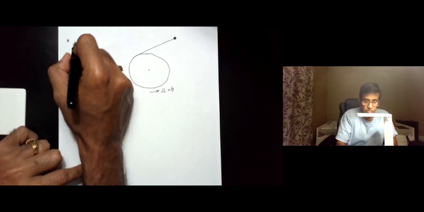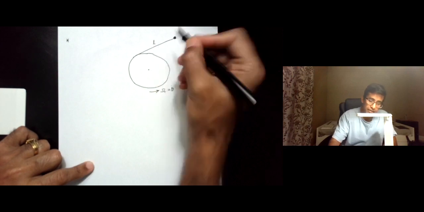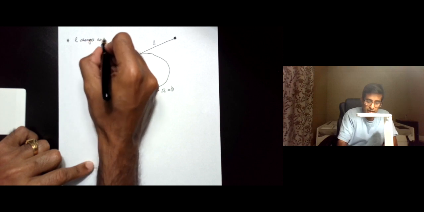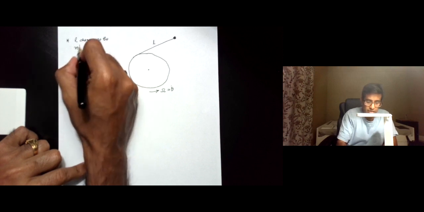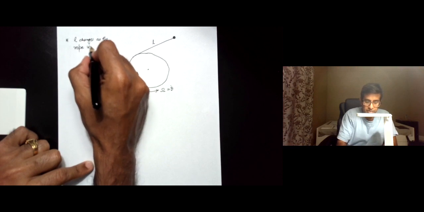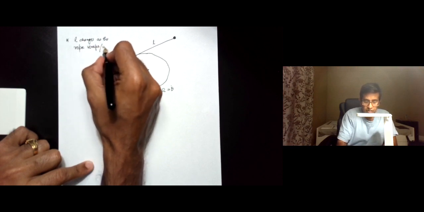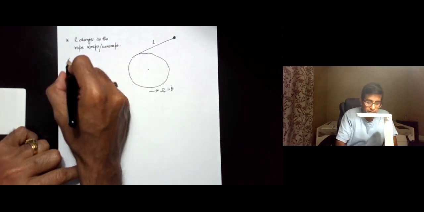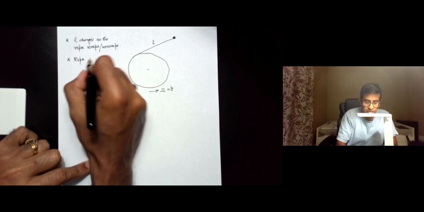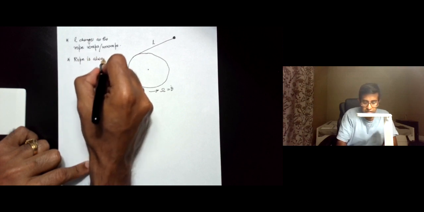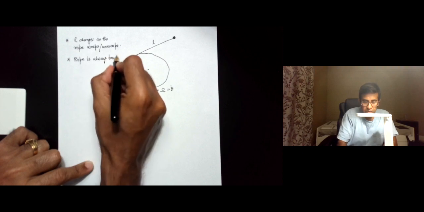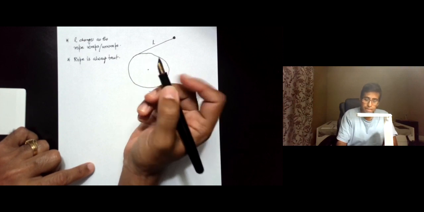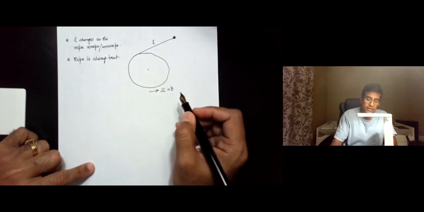So the length of the rope, which is given by L, changes as the rope or tether wraps or unwraps. The rope is always taut. And this is an arbitrary configuration.